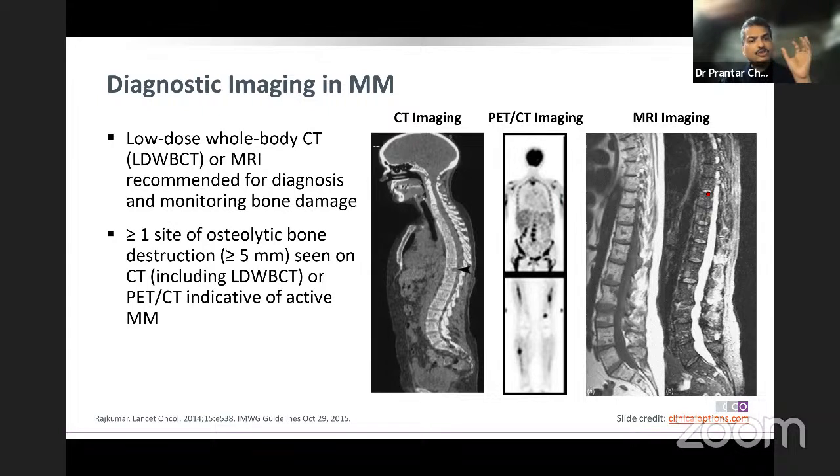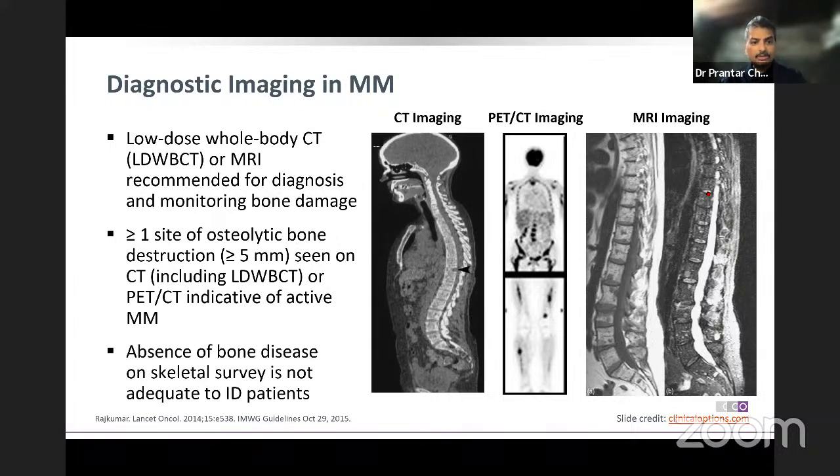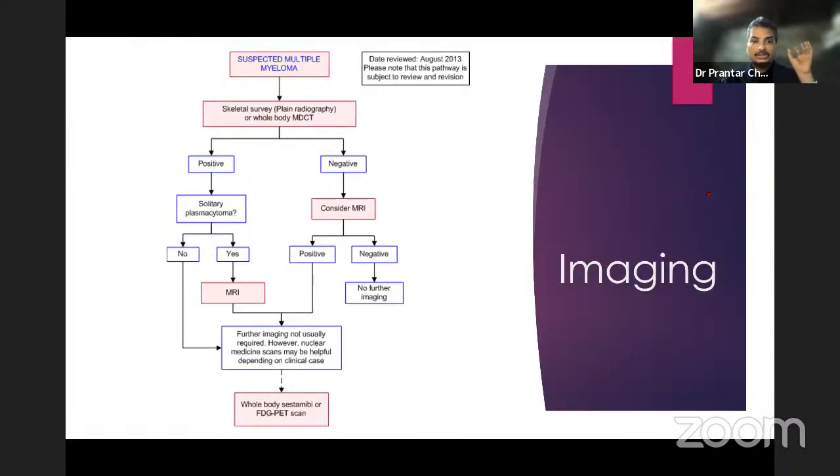One site of osteolytic bone lesion more than or equal to 5 millimeter, either on CT or PET CT or even on MRI, actually defines bone disease. So we often talk of CRAB. I'll talk about it. Absence of bone disease on skeletal survey is not adequate for such patients.